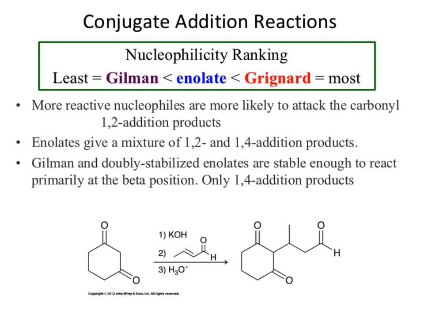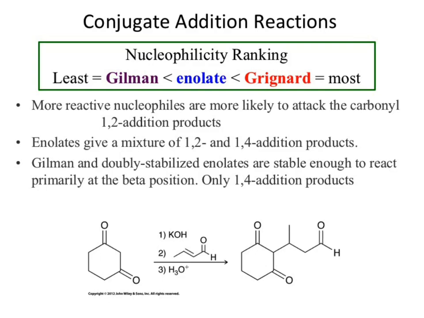This is kind of an interesting reaction because we would have expected a mixture of products. We didn't get a mixture of products. Why not? Because somebody adjusted the starting structure to make sure that we only get 1,4, not the 1,2.